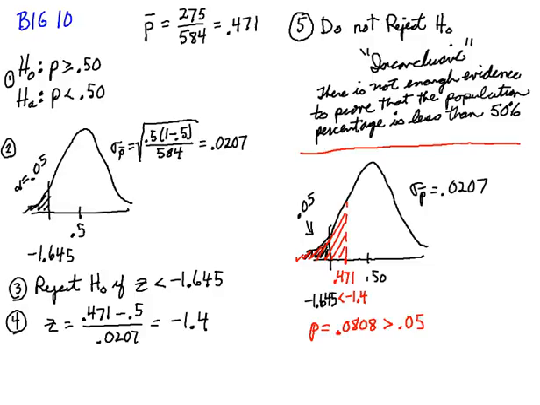So our sample percentage was not strong enough evidence to reject the null hypothesis. The p-value for that is greater than our level of significance, so we conclude do not reject.